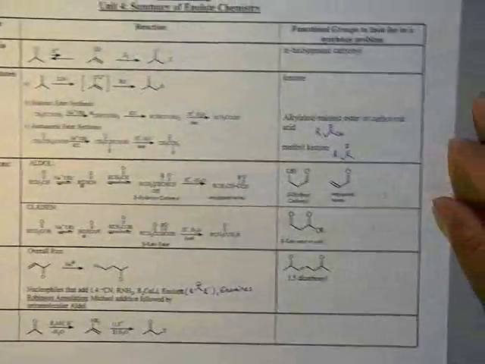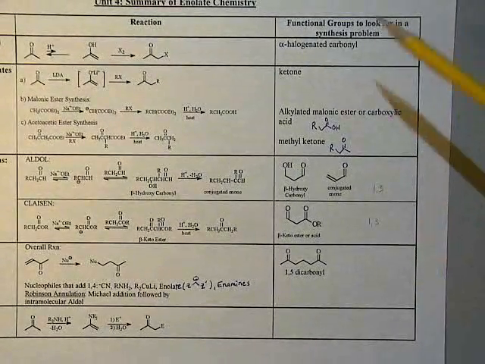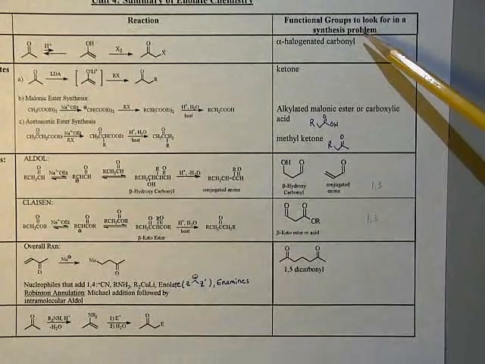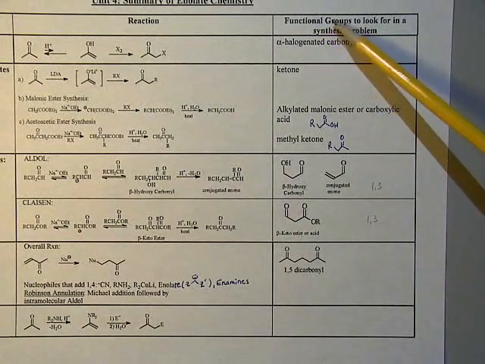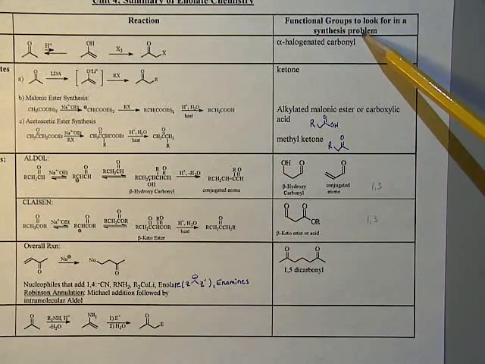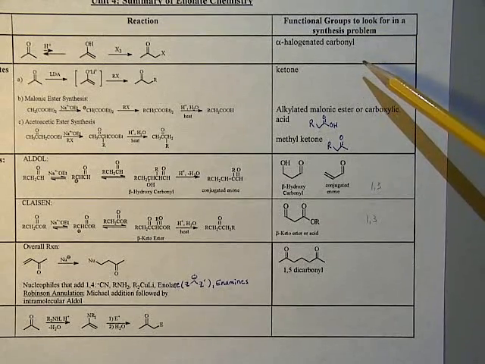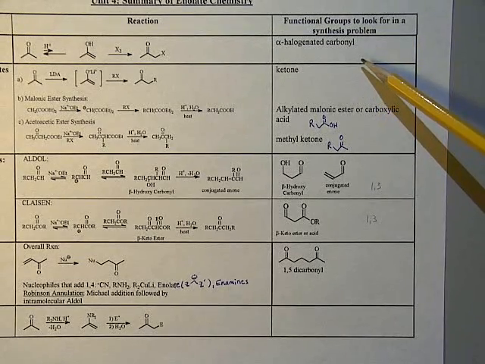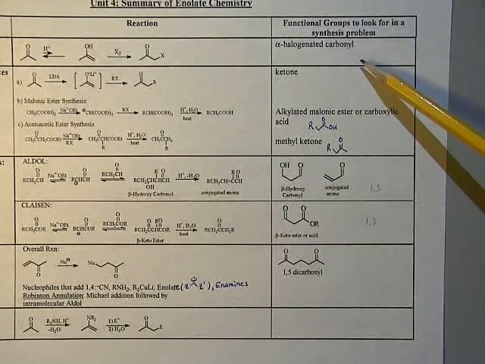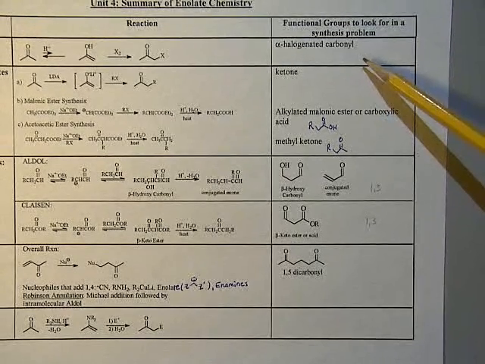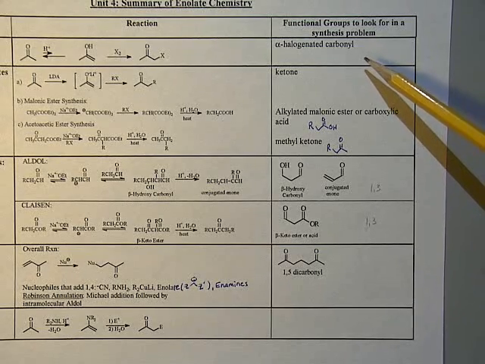All right. So what you want to focus on is the last column, which is you want to be able to look for the functional groups, so that you know what reaction you need to use in order to make those. All right. So remember, whenever we did a synthesis problem, your first step was to recognize the functional group, and then the second step is to ask yourself, how do I make these functional groups, right?